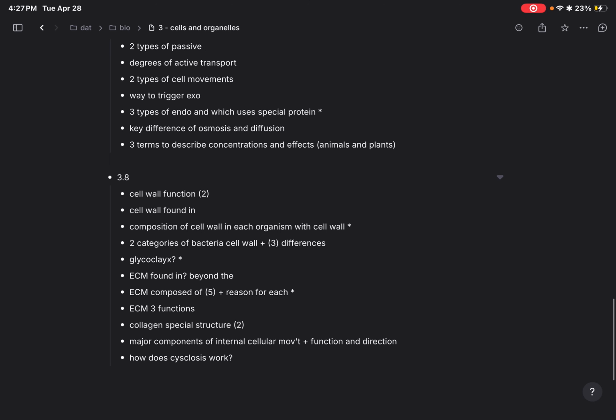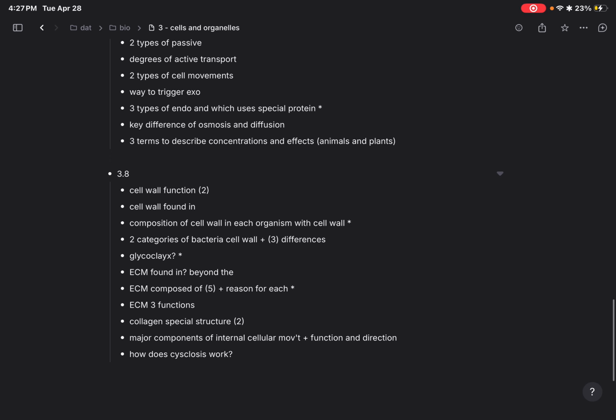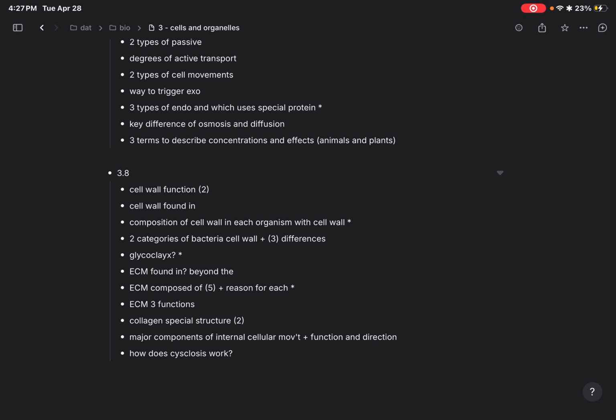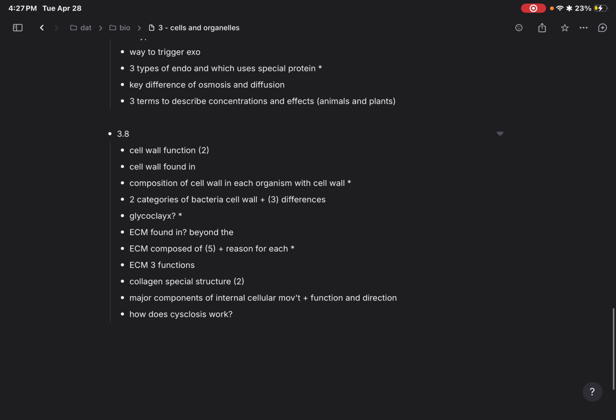Hypotonic is when there's lower concentration outside, so more concentration on the inside, so the water will want to go into the cell and it'll swell and break.